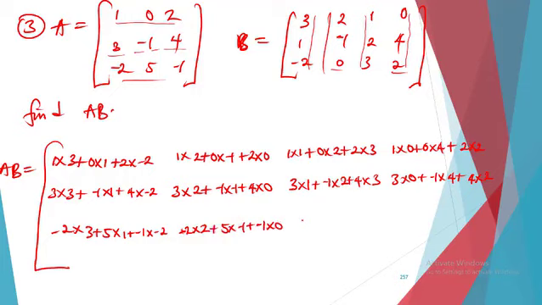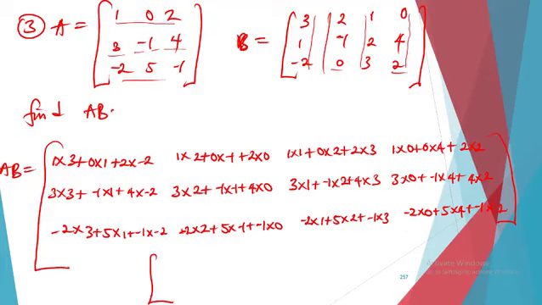Then for this we have minus 2 times 1 plus 5 times 2 plus minus 1 times 3. Then we'll have lastly to be minus 2 times 0 plus 5 times 4 plus minus 1 times 2. Oh, that was too long.